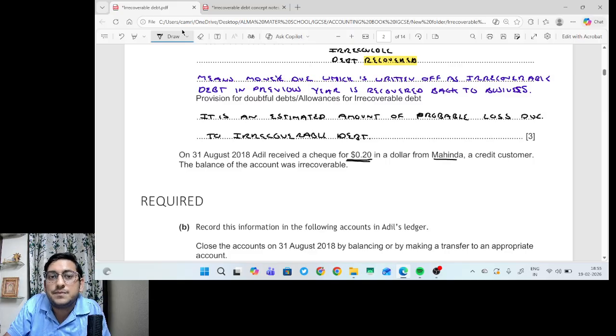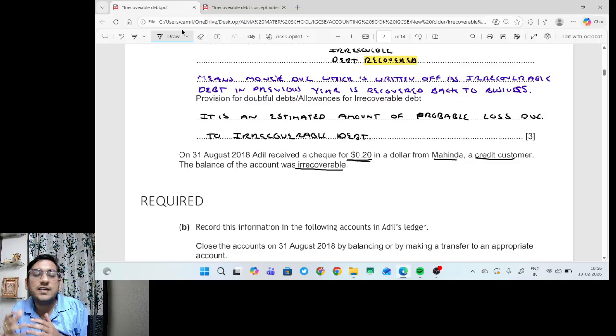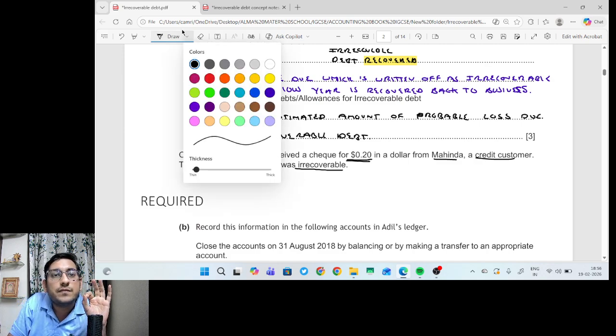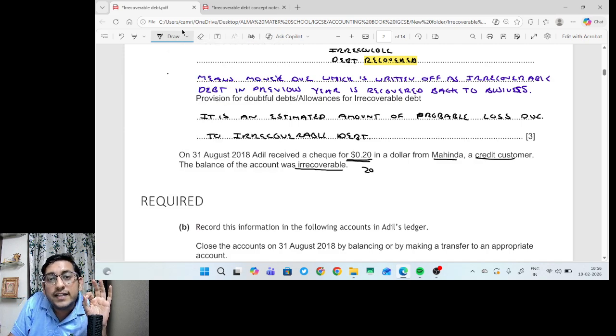From Mahindra, a credit customer, the balance of the amount was irrecoverable. So the question starts with the information that we have one customer called Mahindra to whom the amount is due. He only paid 20 cents in a dollar. That is, can I say 20% only? And what about the 80%?